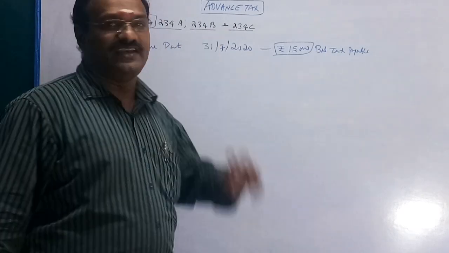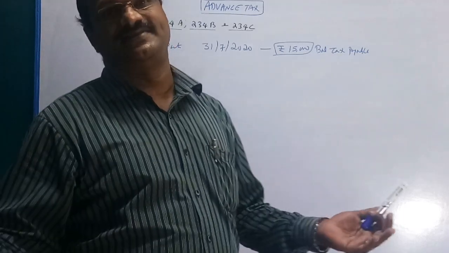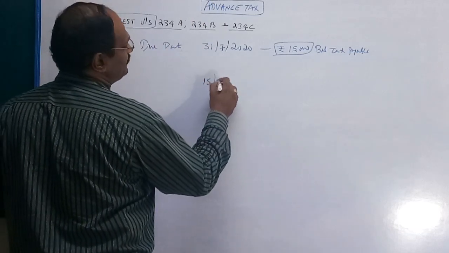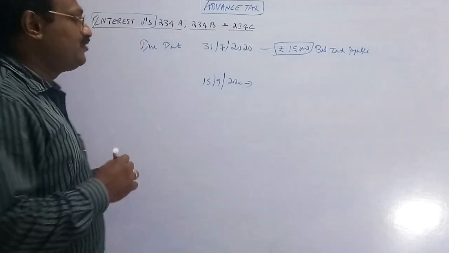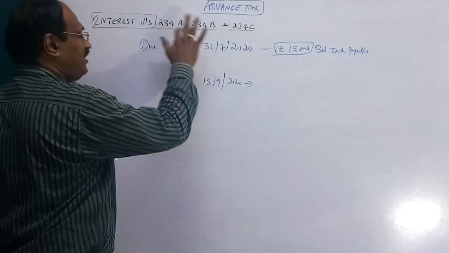Due date of return is 31st July. Okay, so unfortunately, on account of coronavirus, you are going to file return on 15th September 2020. In this case, 234A will attract.